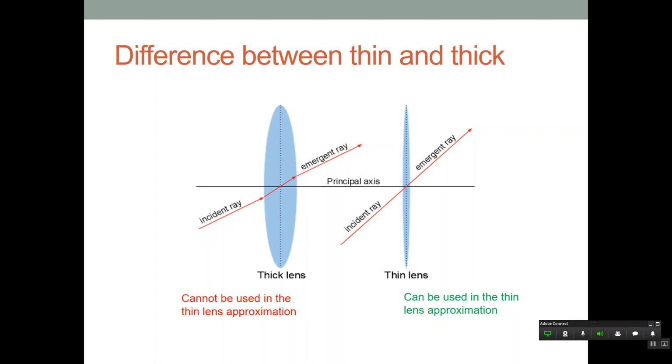It's convex on both sides. Each side has its own center of curvature, and therefore each side has its own focal point, right? And if it's symmetrical, you can say that this focal point is equal to this focal point, right? And in this class, we're only going to be focusing on those that have equal curvature on both sides of the lens. So normally we call one of them F prime and the other one F. We can say that F prime is going to be equal to F.